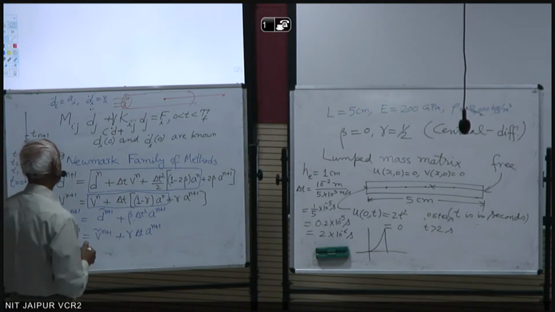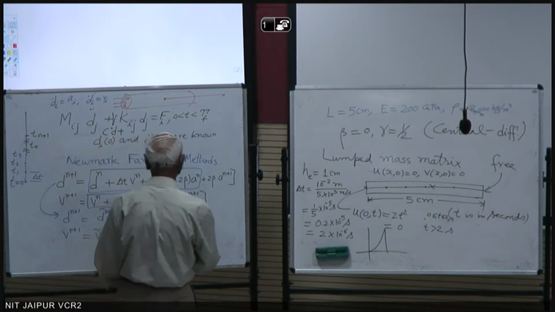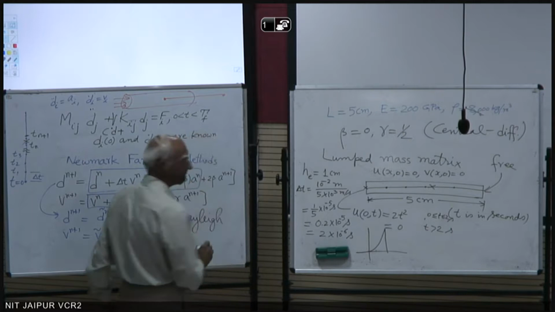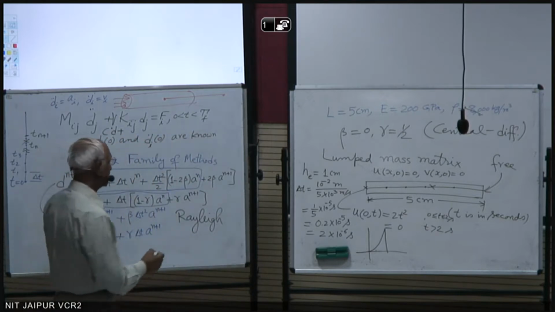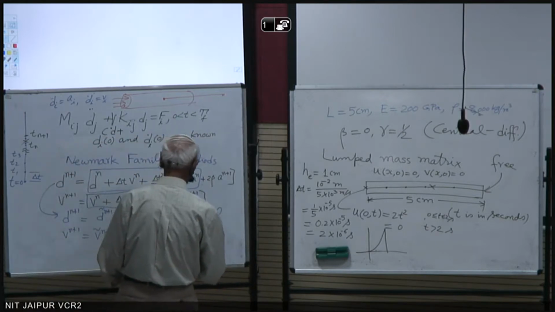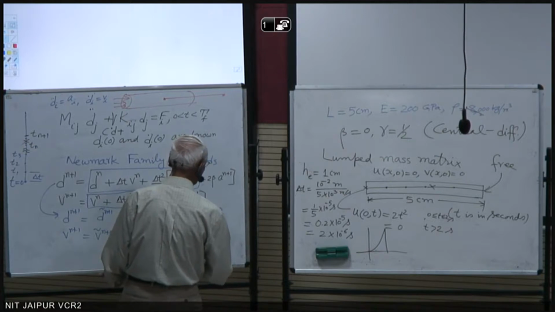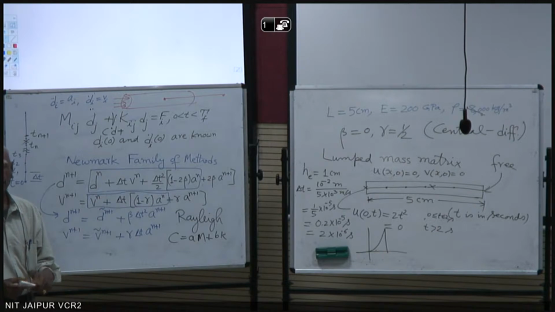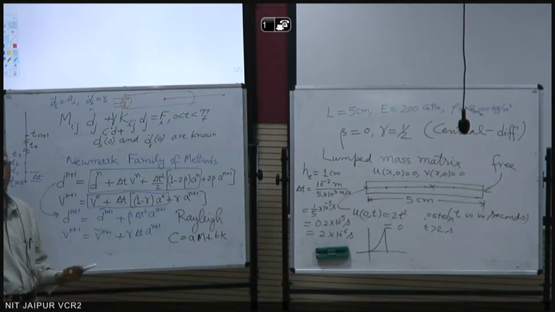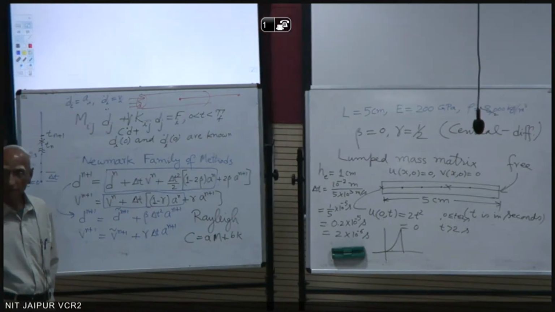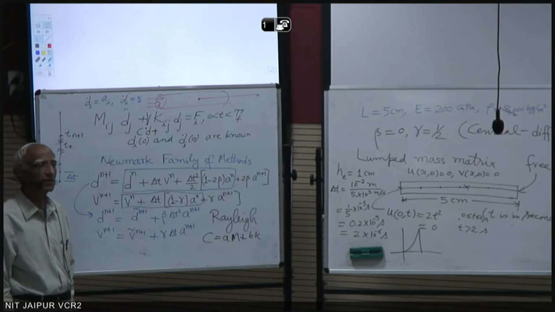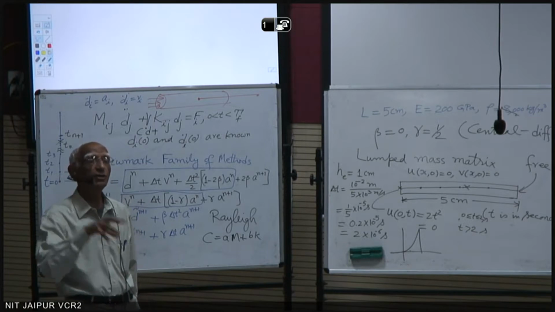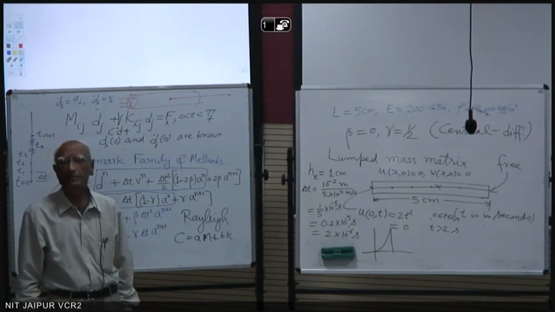Lord Rayleigh had suggested that you can take C equal to AM plus BK. It's mainly because you can solve the problem easily then. Then what is the value of A and B? You have to do experiments on the structure to find out what values you should assign to A and B, depending upon in which mode you have damping dominant.